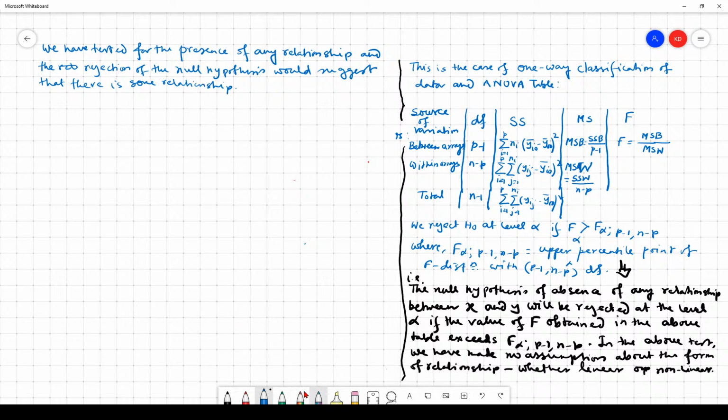So the next step is to test for the linearity of the relationship.